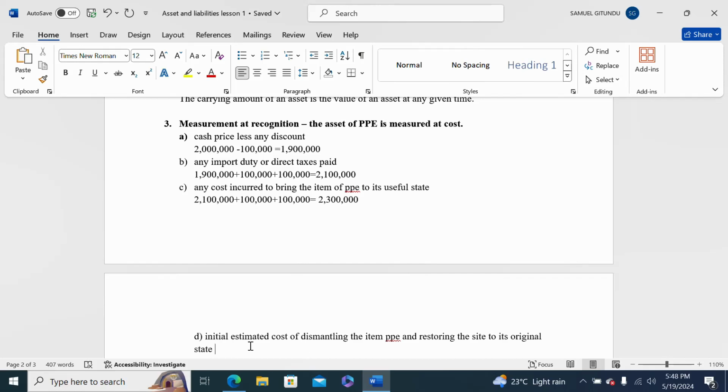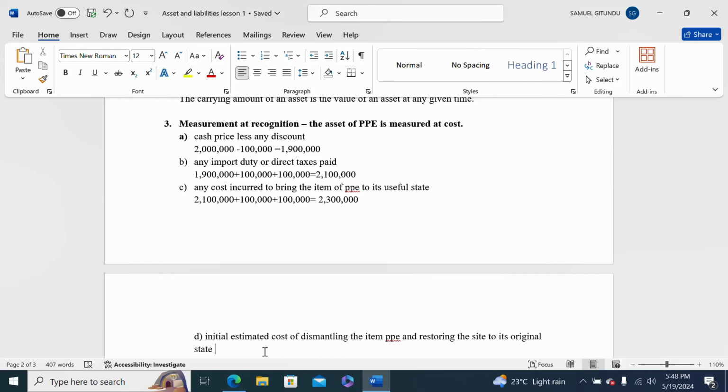For example, if this machinery that we bought has a useful life of 20 years, you expect that after 20 years that machinery is going to be dismantled and the site or the land where it is installed is going to be repaired or restored to its original state.